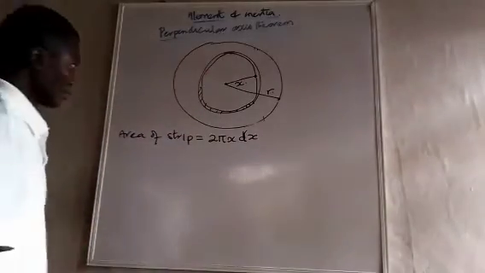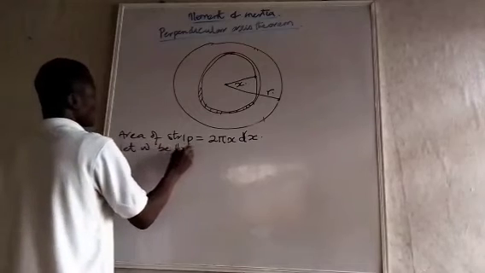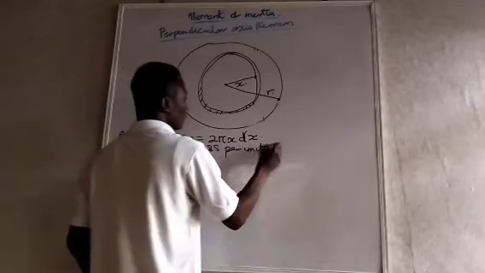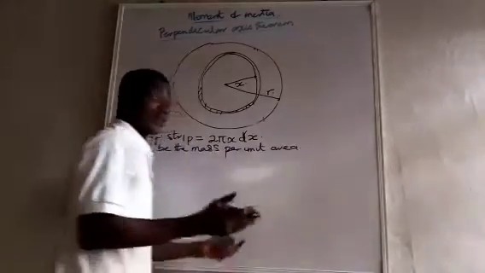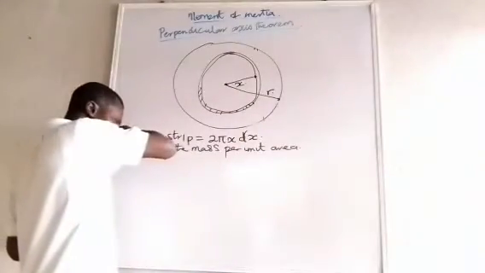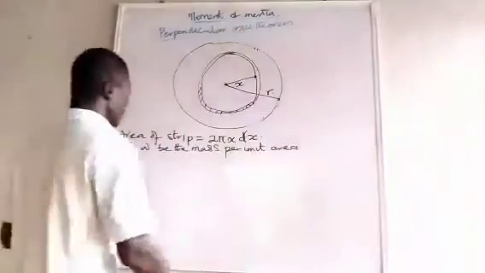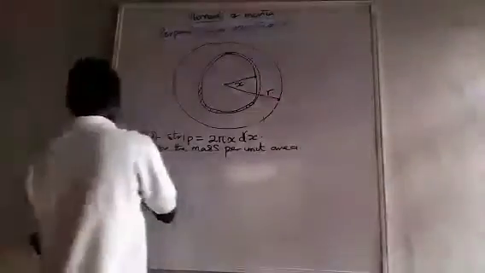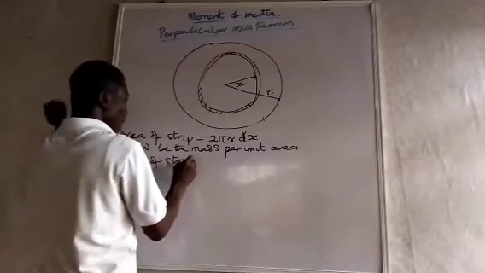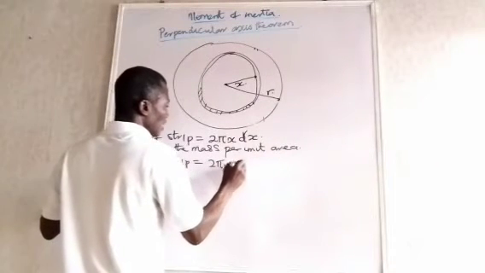Let W be the mass per unit area, since we assume that the thickness is uniform. So the mass of the strip is equal to 2 pi W x delta x.